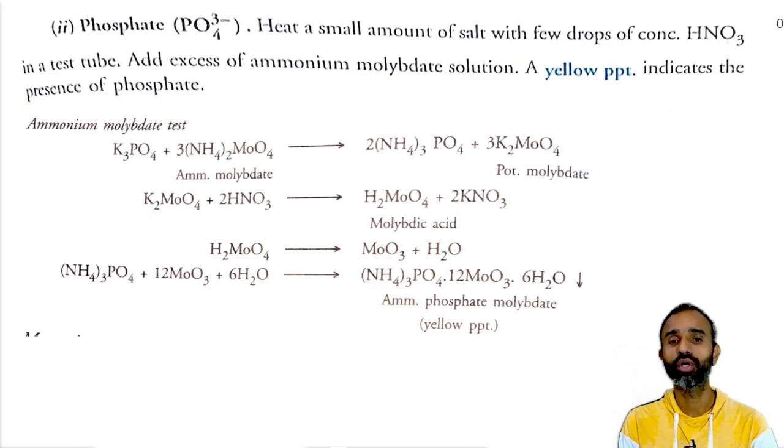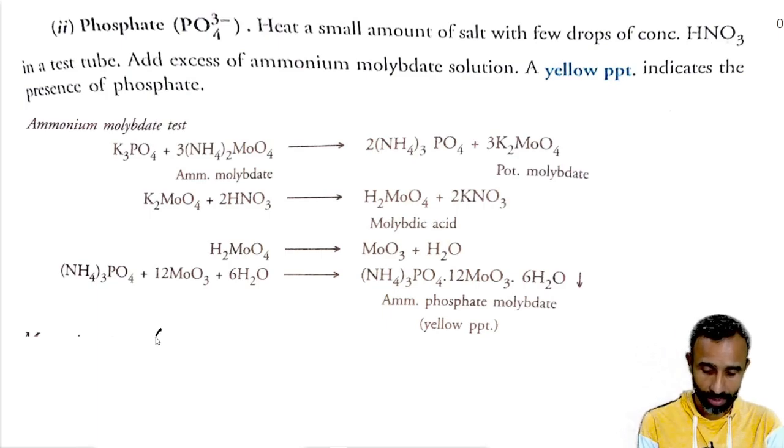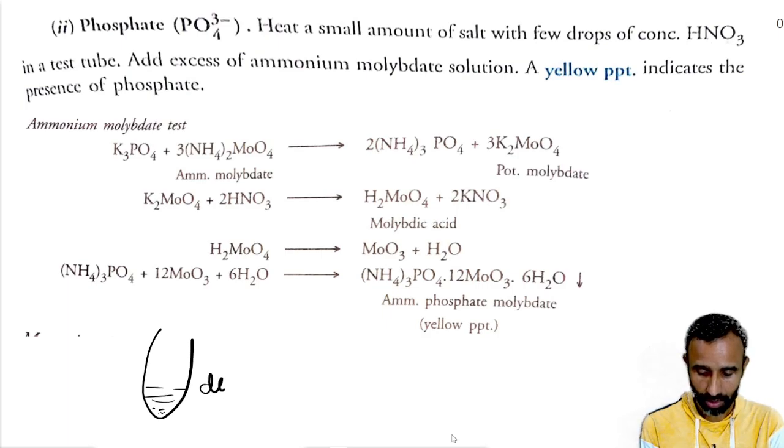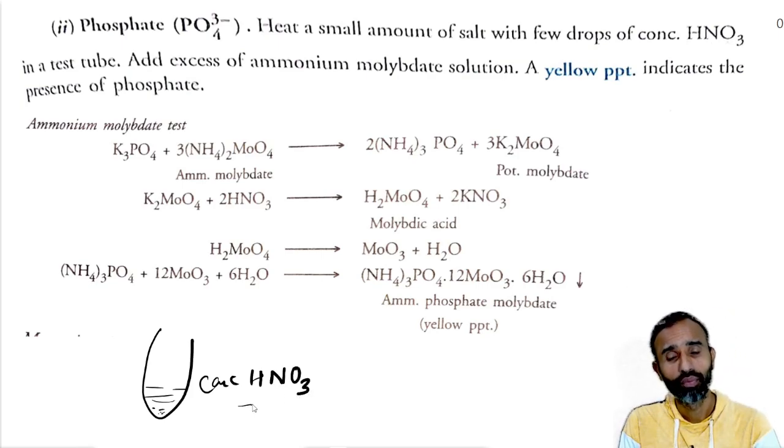And next is phosphate. So in case of phosphate, what we do, we again take a small amount of the salt and we add a few drops of concentrated HNO3. So when we add concentrated HNO3, we get phosphoric acid.